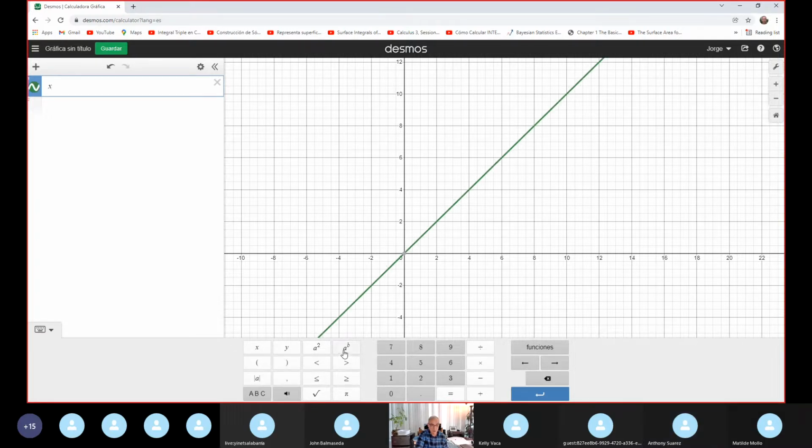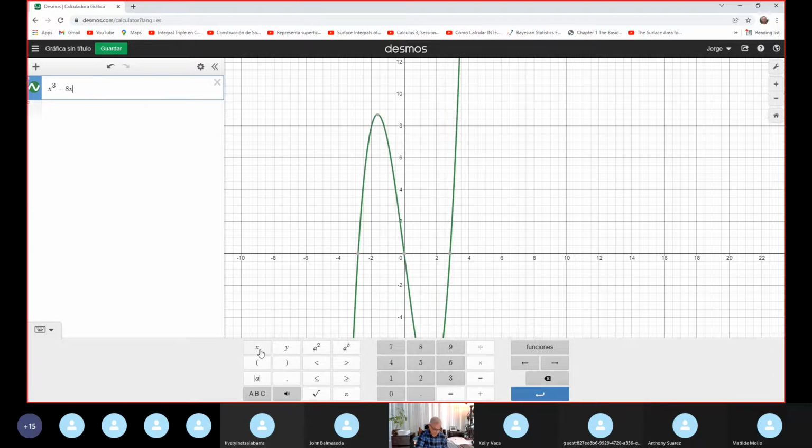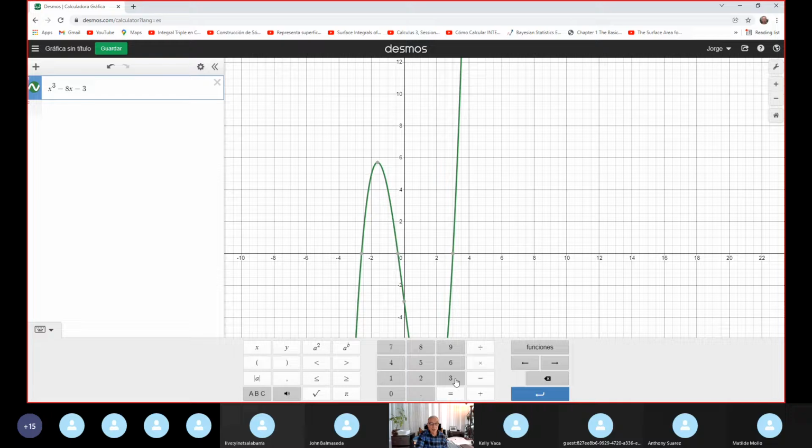Okay, x cubed minus x minus 3. This polynomial has 3 zeros: 1, 2, 3.